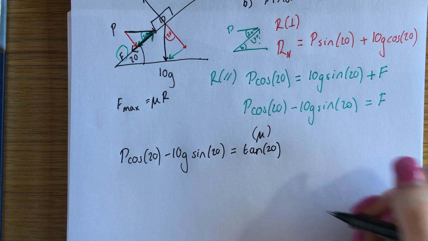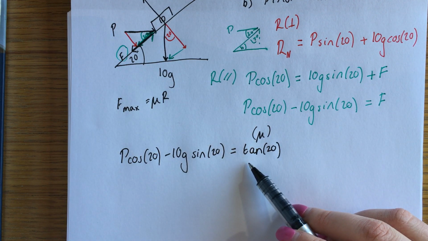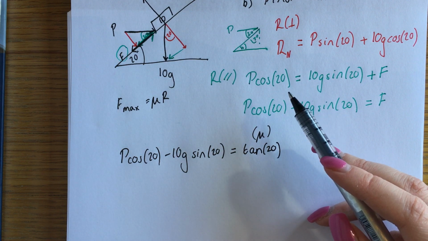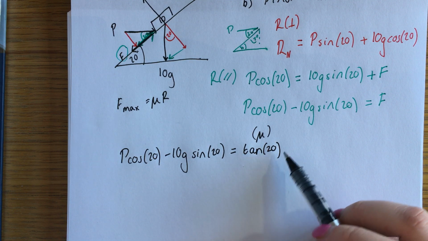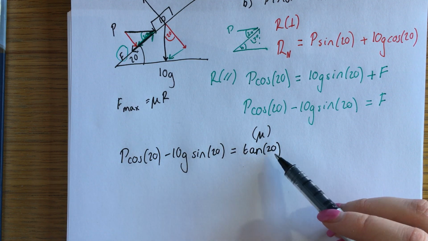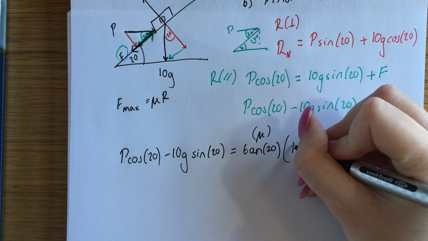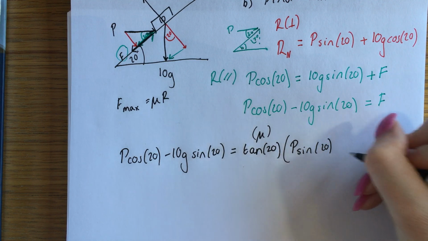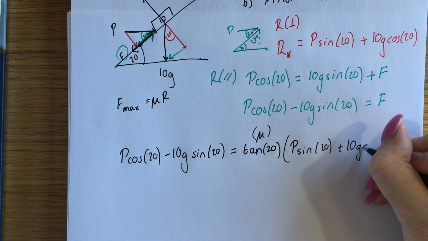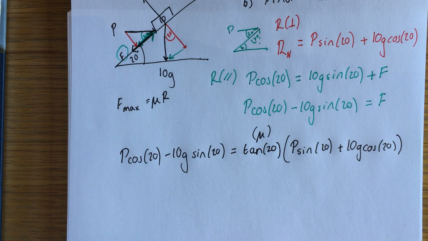So just put in brackets that it's mu to remind you. If you used 0.364 and then a few other decimal places, that would also be fine. It's just that tan 20 actually is really easier to type in. And that is multiplied by my value for R, which is P sine 20 plus 10g cos 20. Okay?